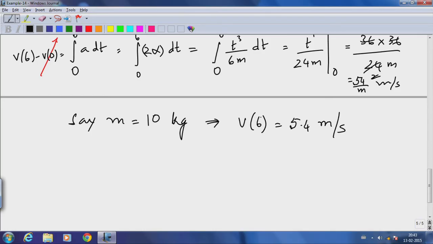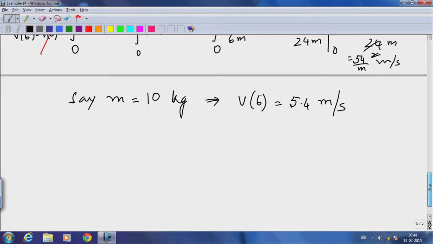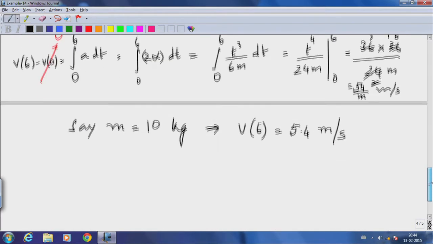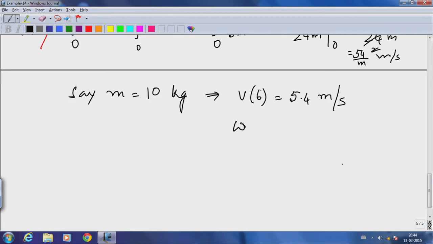This is the linear velocity. The angular velocity is equal to alpha at 6 seconds.